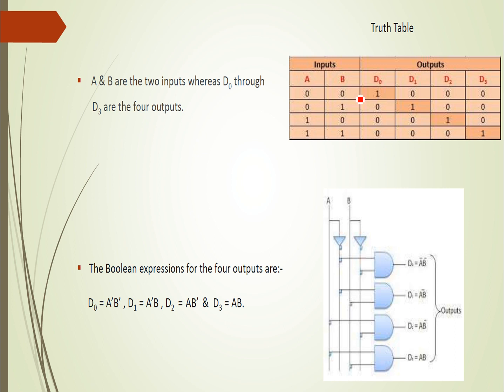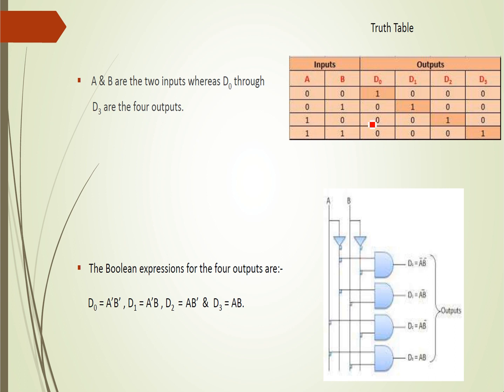For A0, B0, D0 is 1, and all other remaining outputs are 0. And for 0, 1, D1 is 1 and other outputs D0, D2 and D3 are 0.